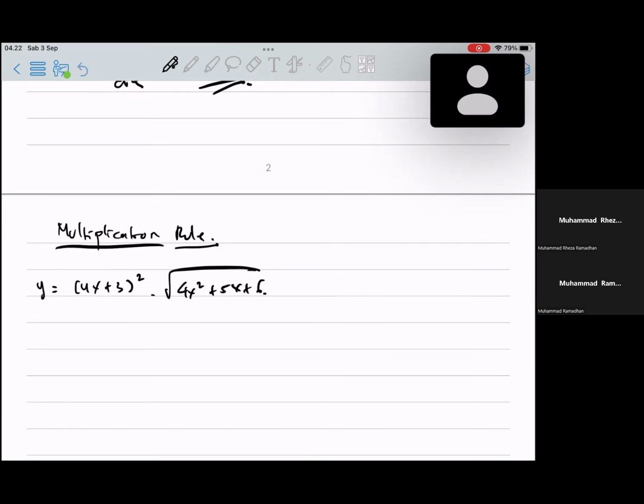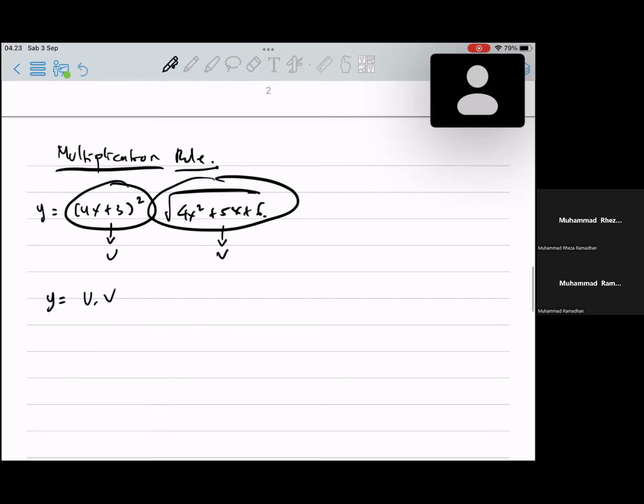Okay, so firstly you can separate this and this. Suppose this is u and this is v. So y is equal to u multiplied by v. So if you have u multiplied by v, dy over dx is the first derivative of u multiplied by v plus v prime multiplied by u, I mean.